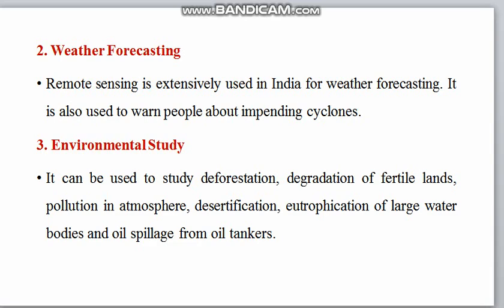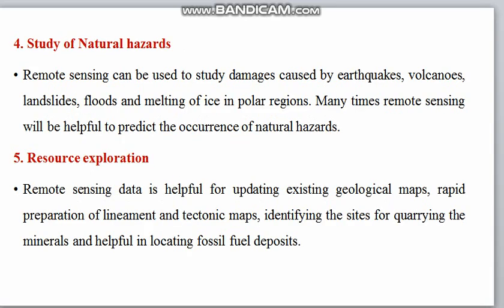Then study of natural hazards. Here, remote sensing can be used to assess the damage caused by earthquakes, volcanoes, landslides, floods, and melting of ice in the polar region. Many times, remote sensing can be useful to predict the occurrence of natural hazards.